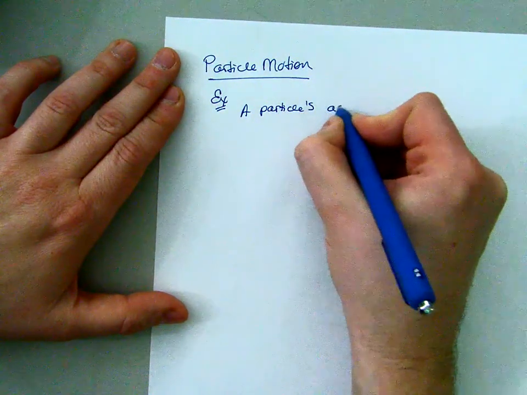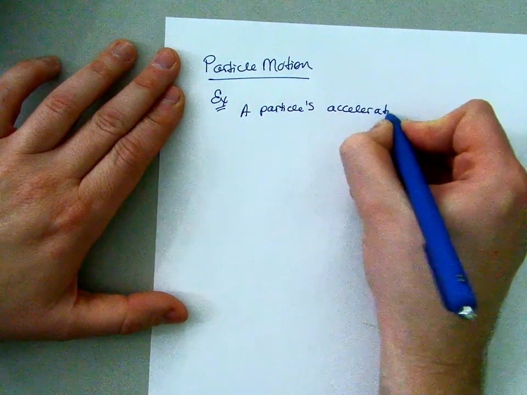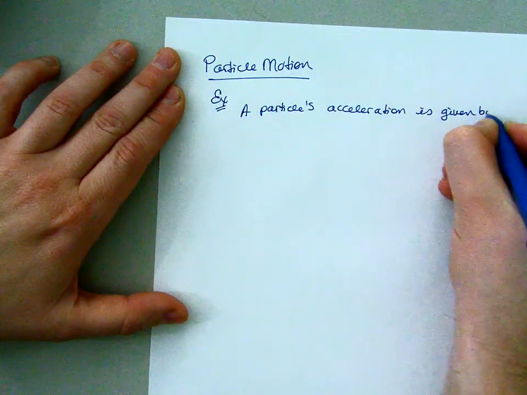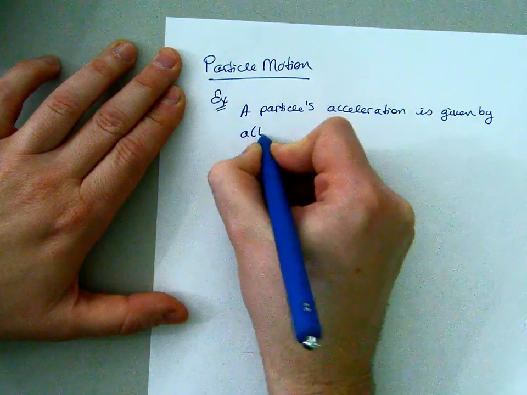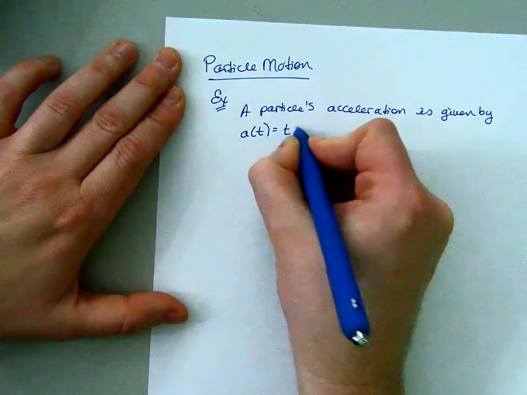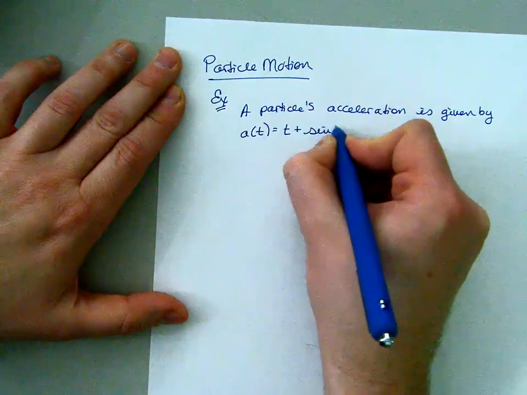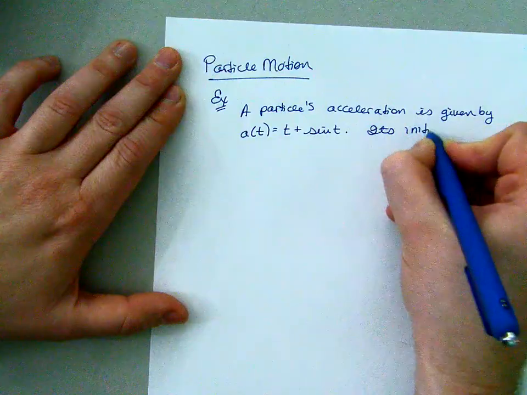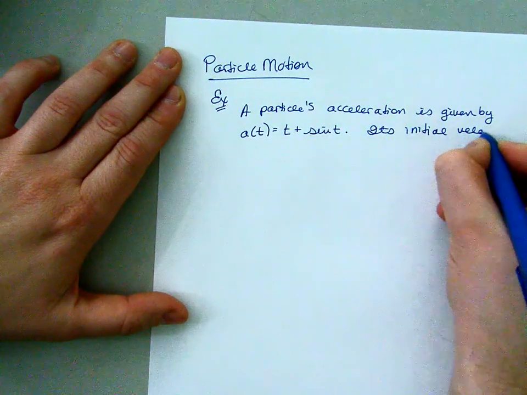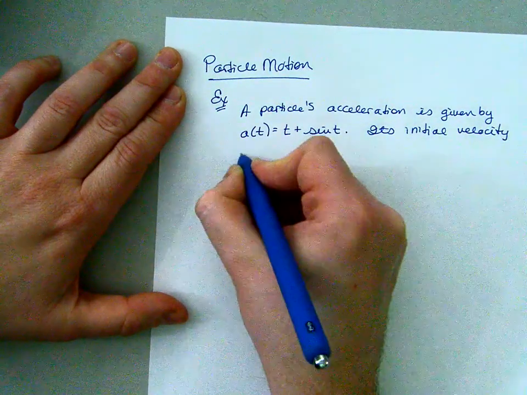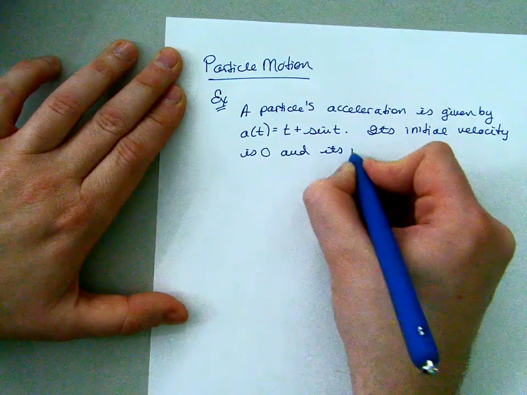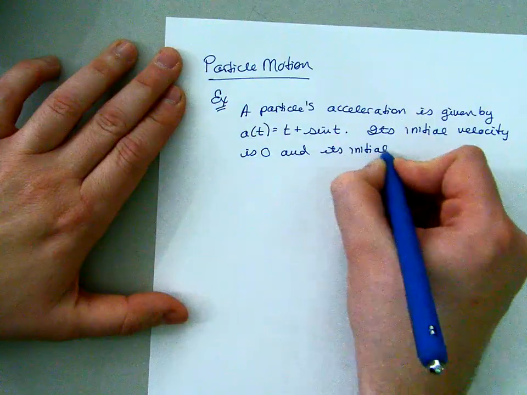A particle's acceleration is given by the function a of t equals t plus the sine of t. Its initial velocity is 0, and its initial position is 1.